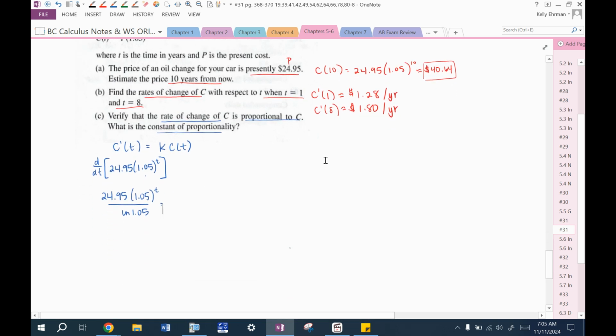And that's supposed to equal some K times C of T, which is 24.95 times 1.05 raised to the T power.